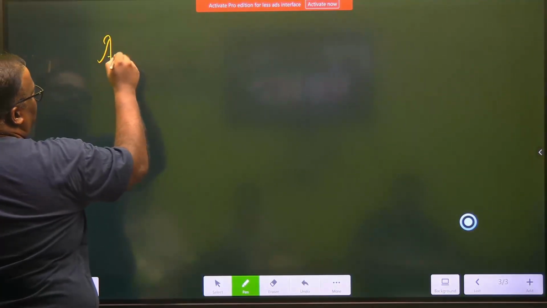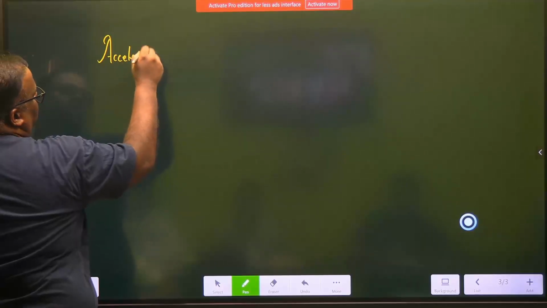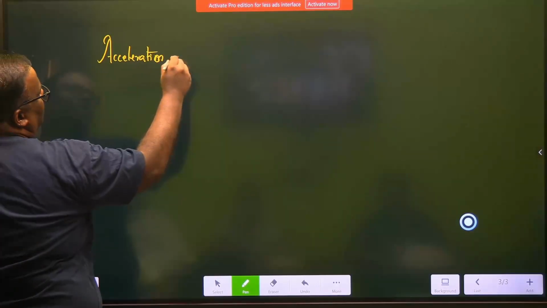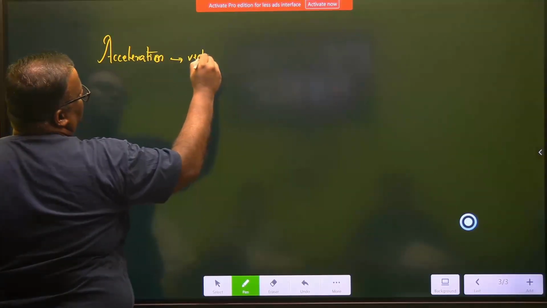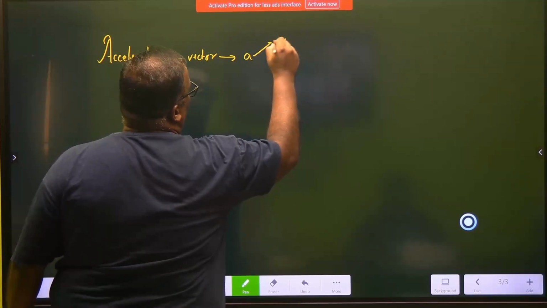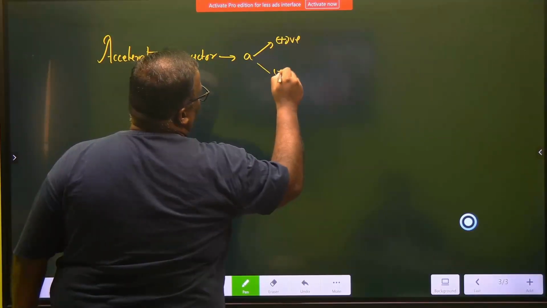Now, here is another complicated term. Acceleration, being a vector, is represented by A. So A can have a positive value, A can have a negative value.